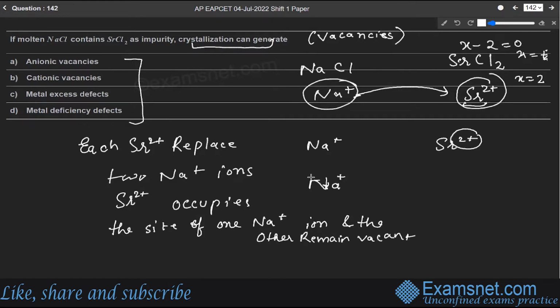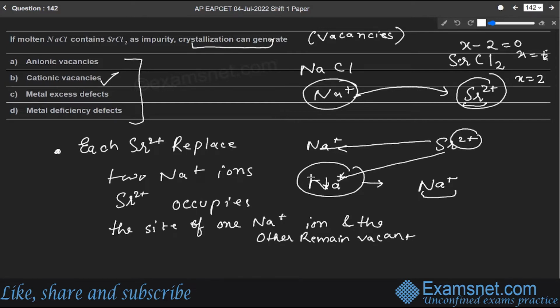So if you combine this particularly with one, to balance this, you will be left with the other Na positive, right? So this particular Na positive would have a vacancy. Na positive is a cation, right? So this would have a cationic vacancy. You can see option number B is the correct answer for the question.